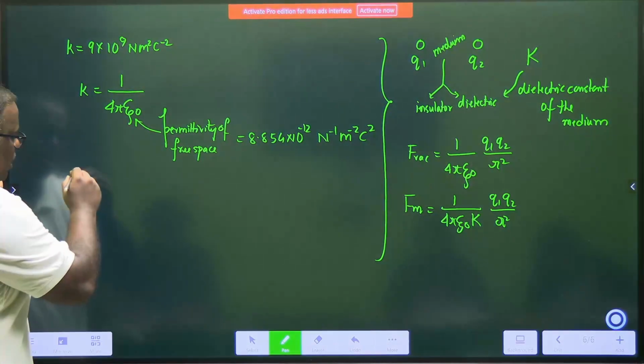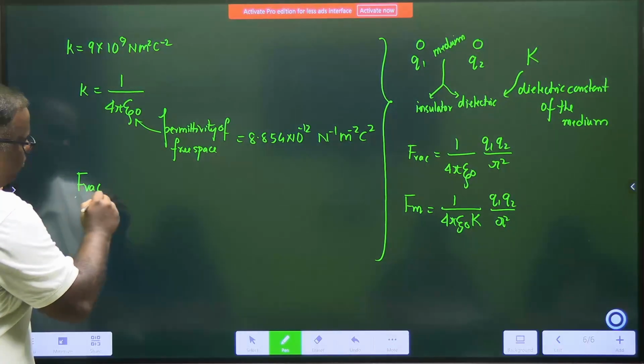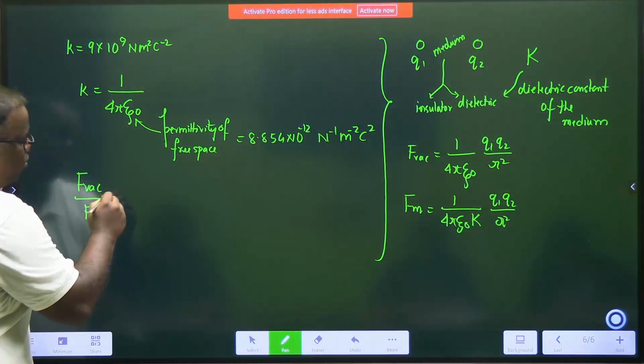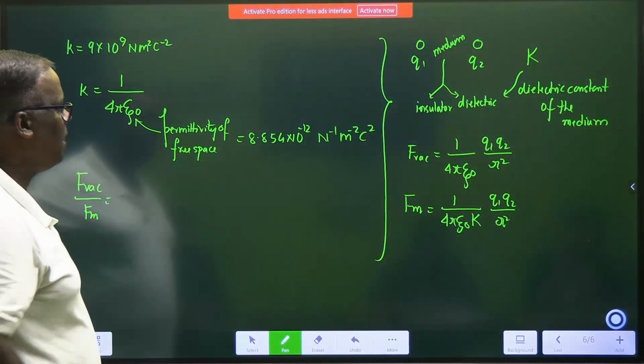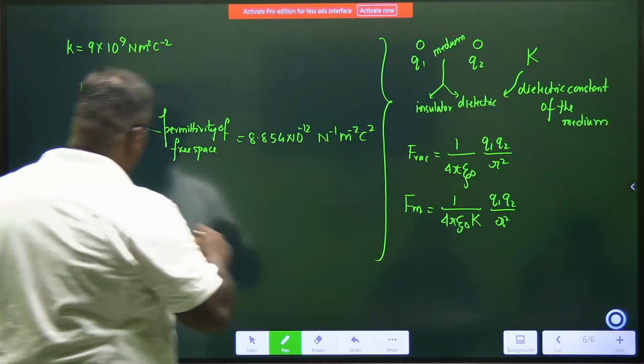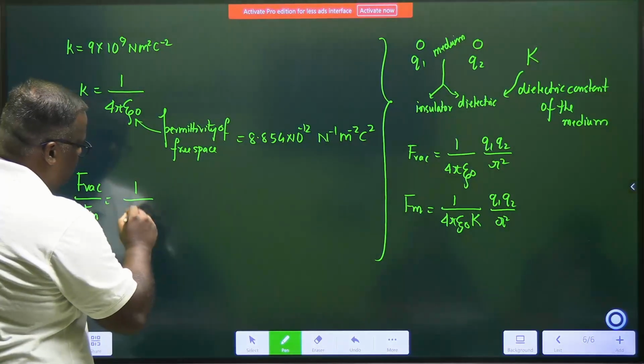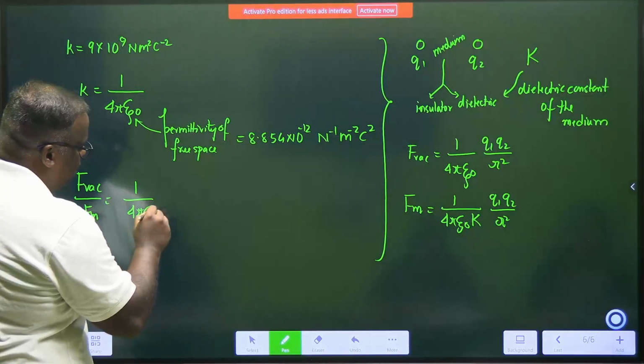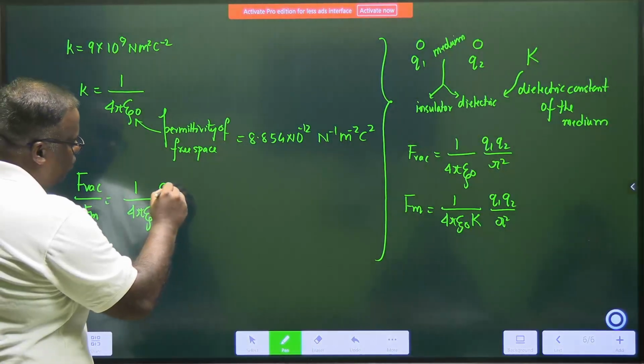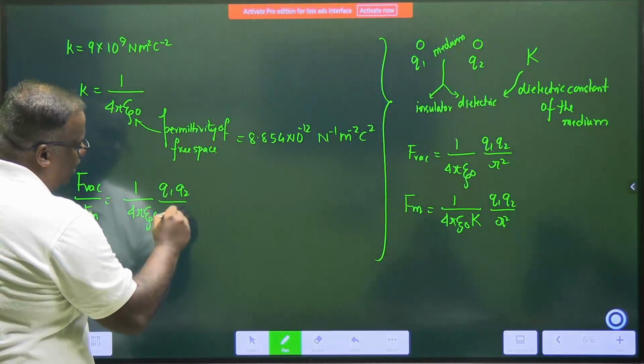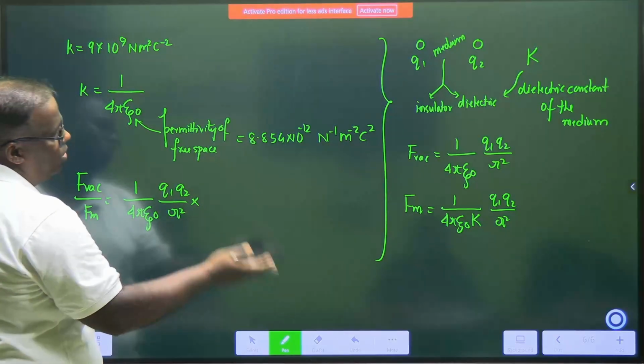Now if you do F vac upon F medium, what do you get? We get 1 by 4 pi epsilon naught, then I have a Q1, a Q2, a R square, and now we will swap everything.